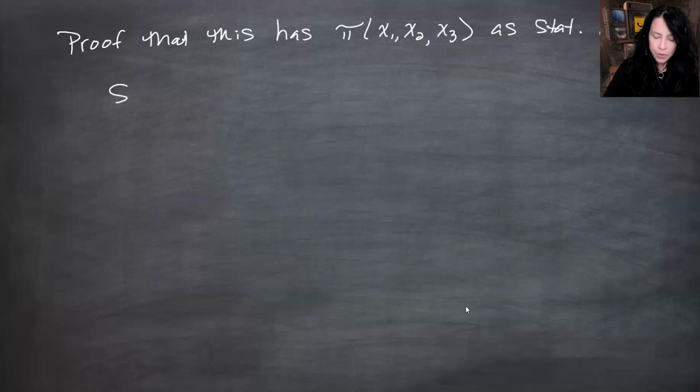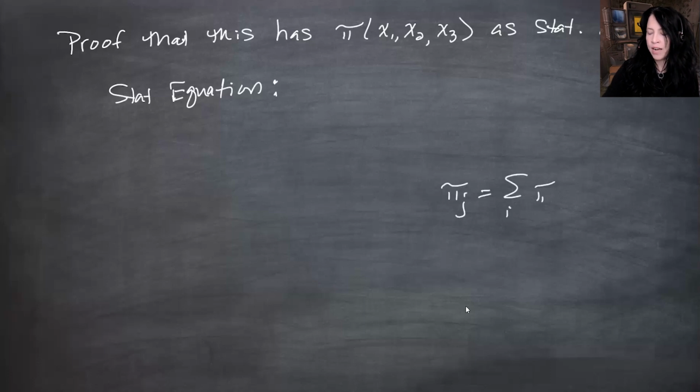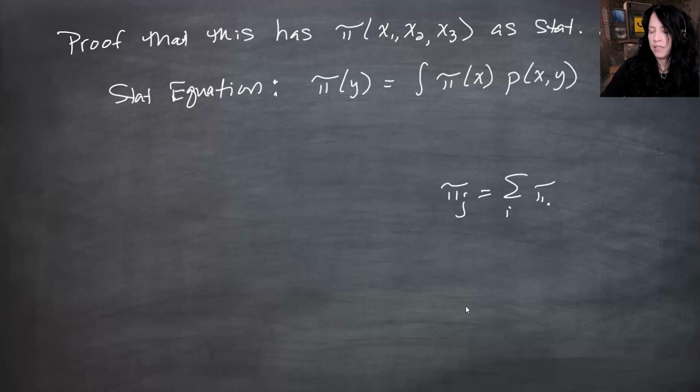The stationary equation for a continuous state space. We've only seen this once, and that was with the Metropolis-Hastings algorithm. Our pi j equals the sum over i of pi i p_ij turned into pi of y equals the integral of pi of x p(x, y), running over all x.